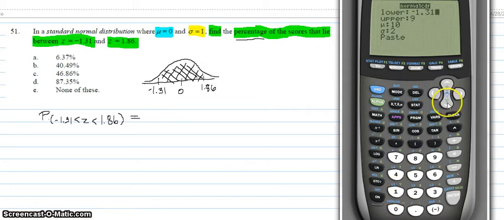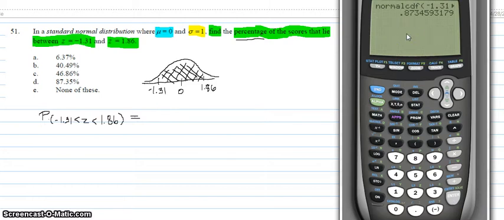We're told our upper is 1.86. We are told we have mean of 0, standard deviation of 1, so our mean is 0. Standard deviation is 1. Paste, enter, enter again.